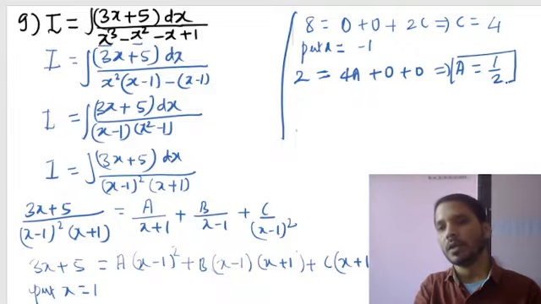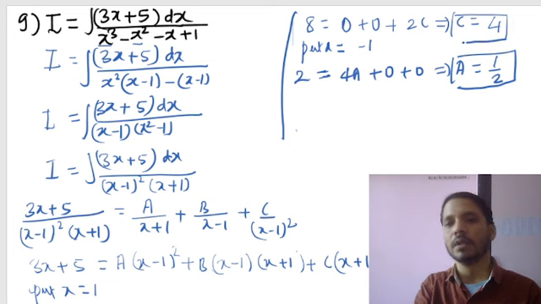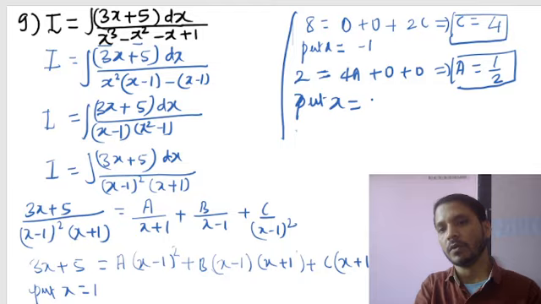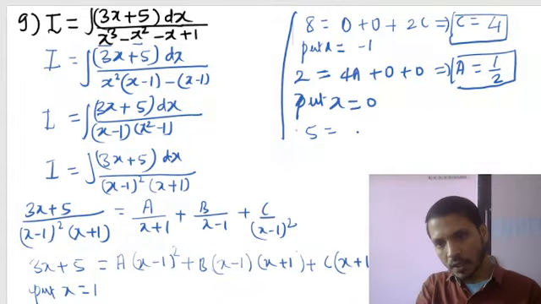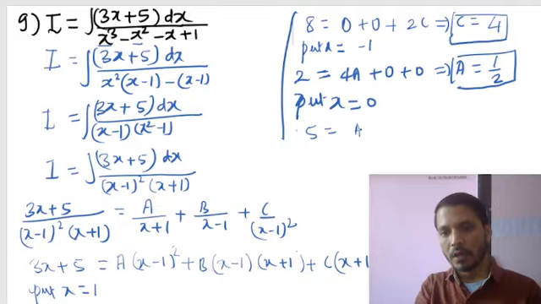Now we need to find the last one, that is b. So how can we find b? For that, can we do any substitution? So yes, we can put x is equal to 0, means now substitute x equal to 0 in the equation. That means this will become 5, and 5 is equal to a minus b plus c, right?